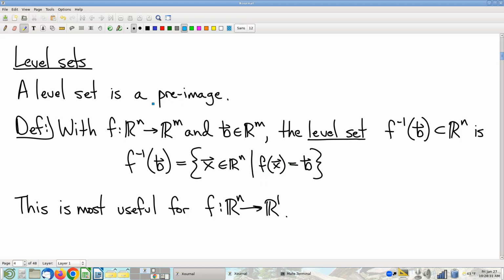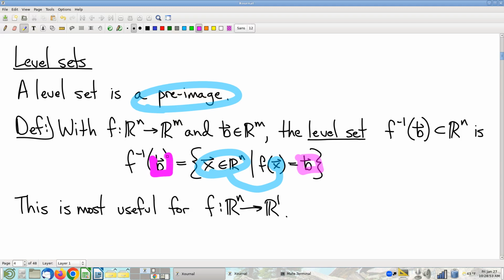First of all, you can think of this as being a preimage. After all, the level set is the collection of points that when you put them into the function, give you the fixed output value. So they are literally input values to the function, and thus we use the term preimage, per last time. Also notice, whatever that output value is, the level set can be described with this notation, because we are taking the output value and asking, okay, but what are the corresponding input values?